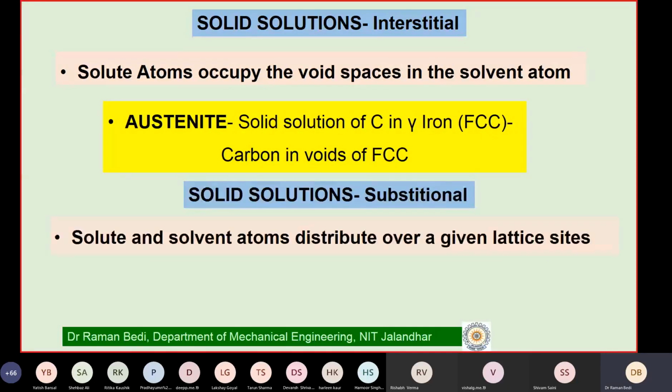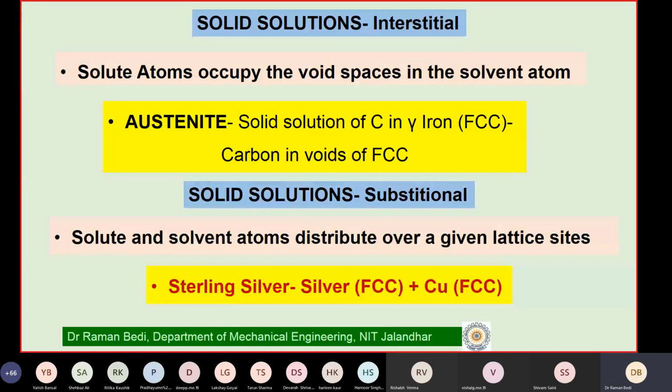And the other type of solid solution is substitutional, where the solute and the solvent atoms distribute over a given lattice site. So some of them will be occupied by the solvent, some of them will be occupied by the solute. Sterling silver is an example of that.